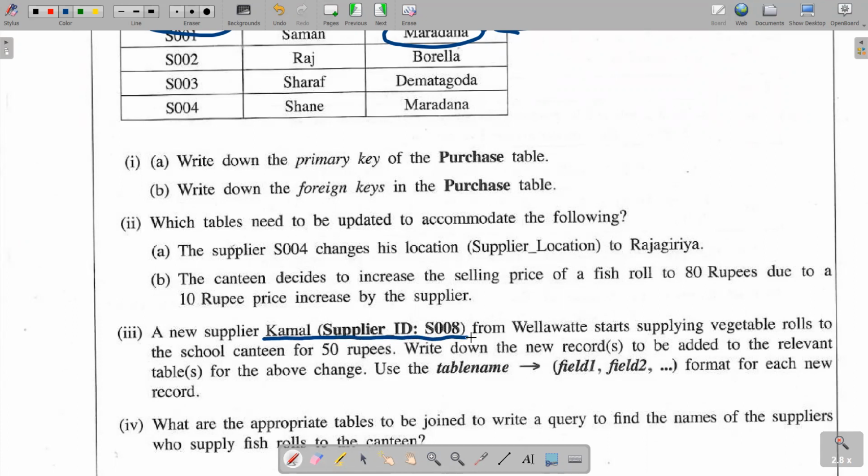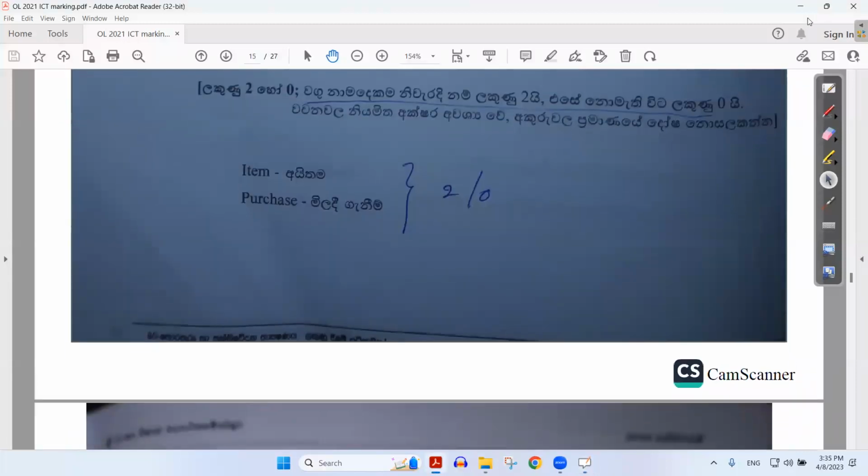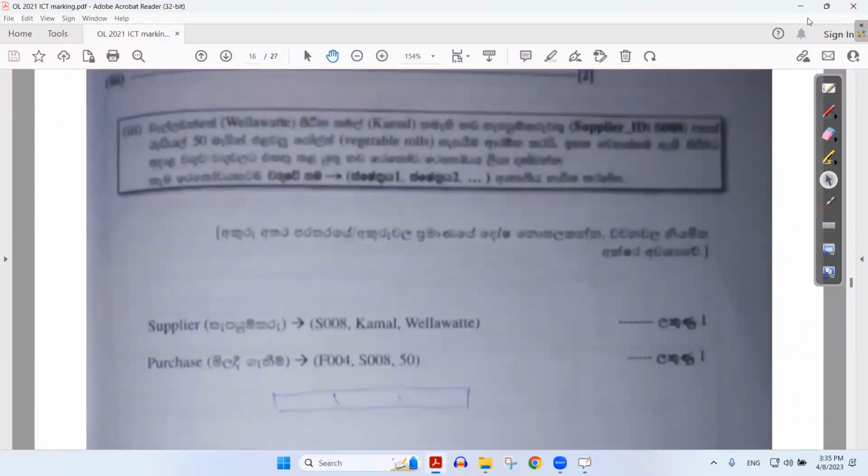That means definitely the supplier table needs to be updated. And a new item, vegetable rolls, is also now in the school canteen. So you have to have another record entry in the item table. Right, so let's see. Supplier table and item table are going to be updated.